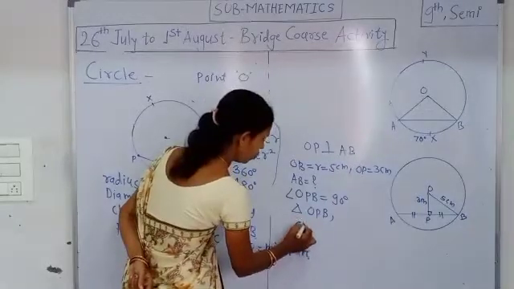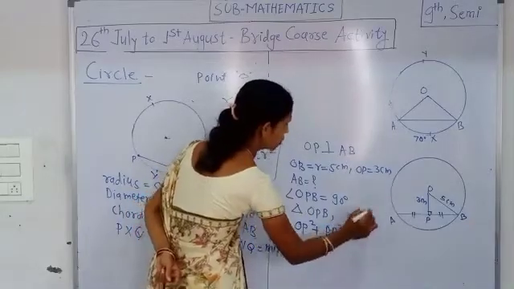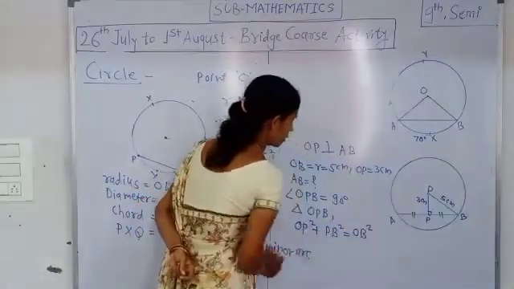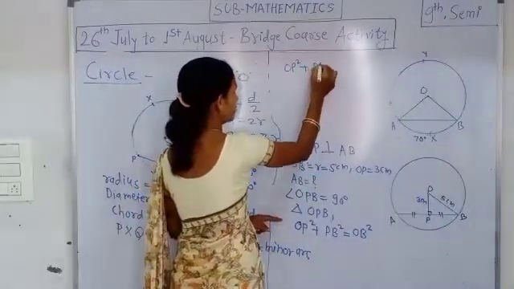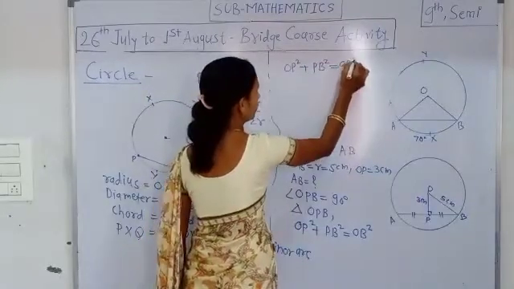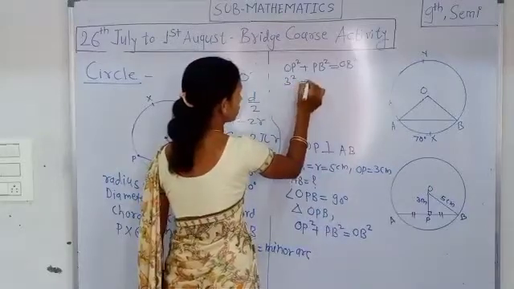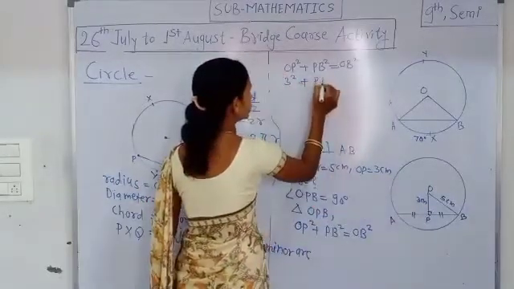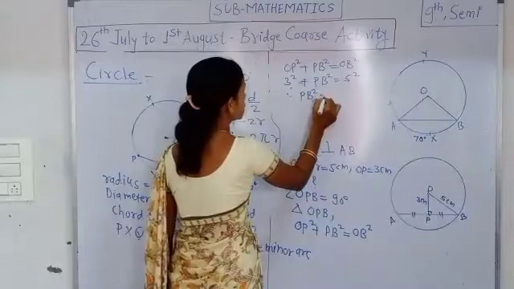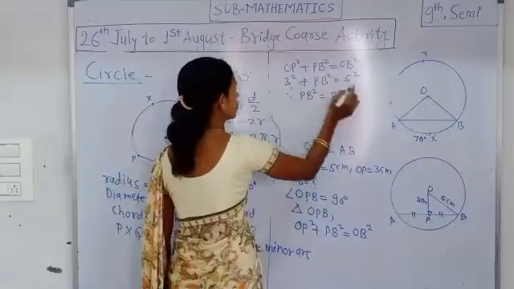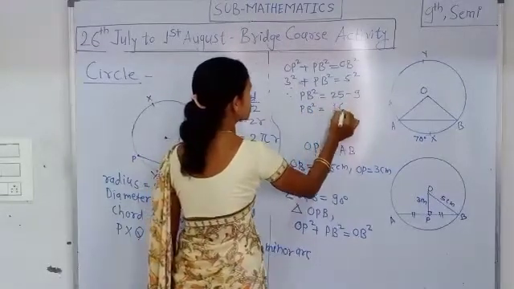Therefore OP square plus PB square is equal to OB square. OP, which is given here, is 3, so 3 square plus PB square, which we have to find, equals OB square, that is 5 square. Therefore PB square is equal to 25 minus 9, that is 16.